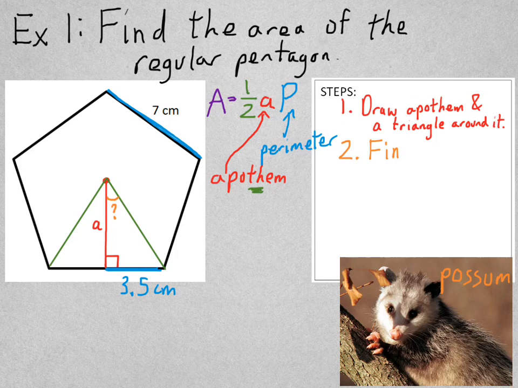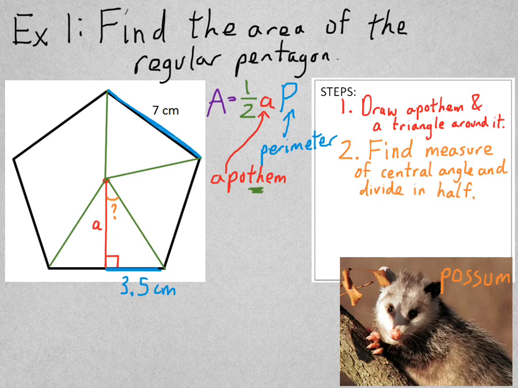Alright, so our second step is to find the measure of that central angle and then divide it in half. Here's what I mean. So I'll draw in the rest of the triangles. Because there are 5 sides, there are 5 triangles that extend from the center of the polygon. If I rotate all the way around the center, that's 360 degrees.